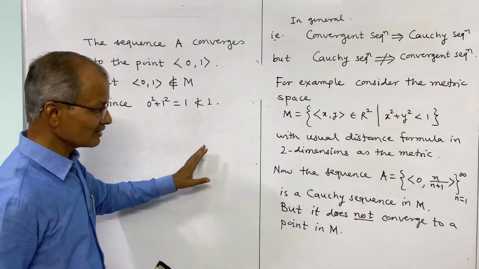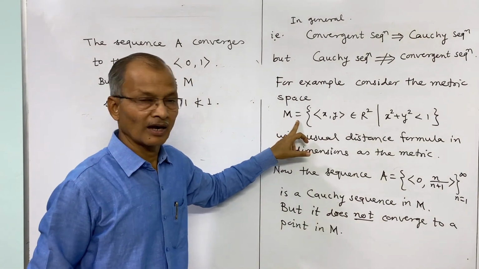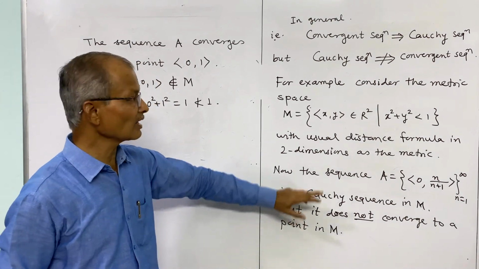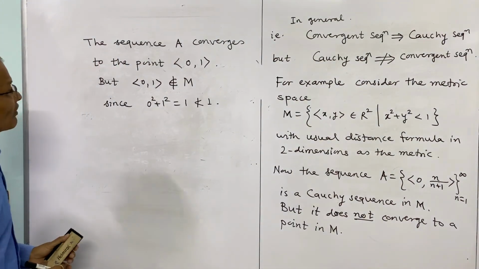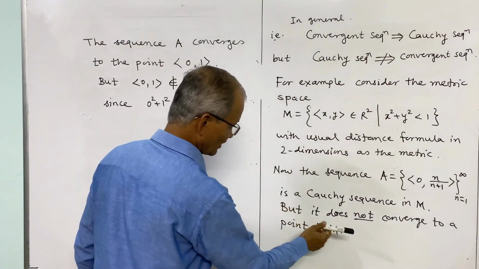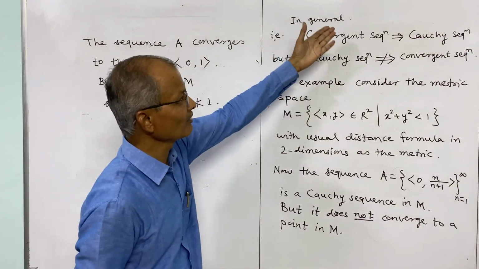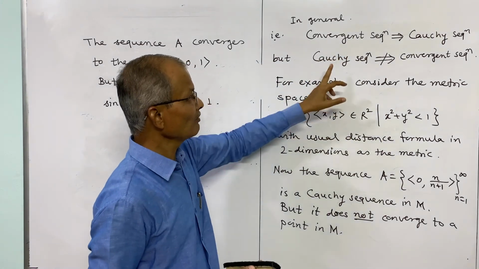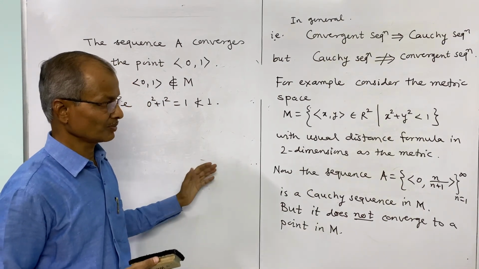So this sequence converges to this point, but that point is not in M. It is a Cauchy sequence, but it converges to a point outside M, and therefore we say A is not convergent in M. So this is an important relation between convergent and Cauchy sequences. Every convergent sequence is Cauchy, but every Cauchy sequence may not be convergent in a given metric space.